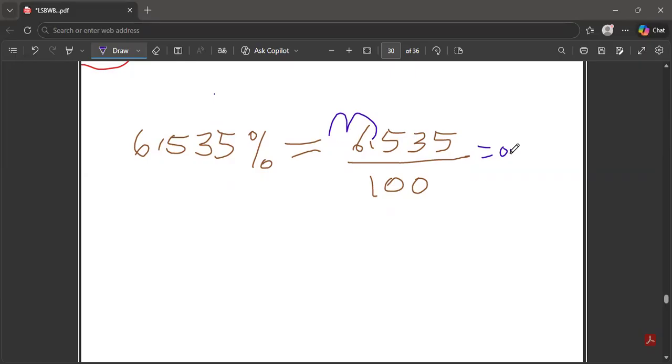We're going to be left with 0.06535. Okay. All right. So as simple as that.